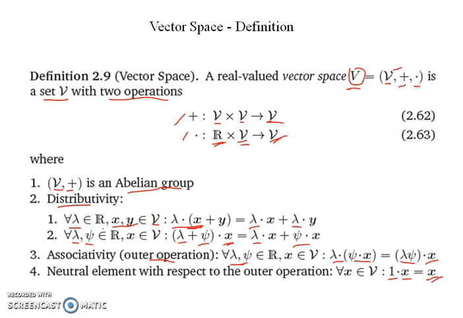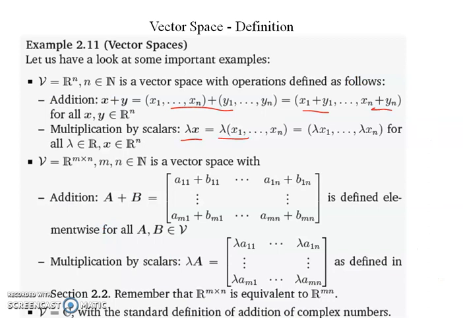The neutral element with respect to the outer operation also results in the same element of the vector. So these are some of the conditions which we check for a real valued vector space.